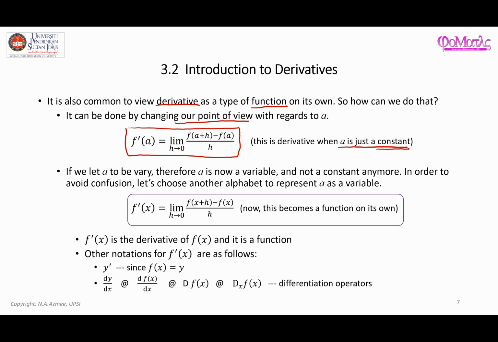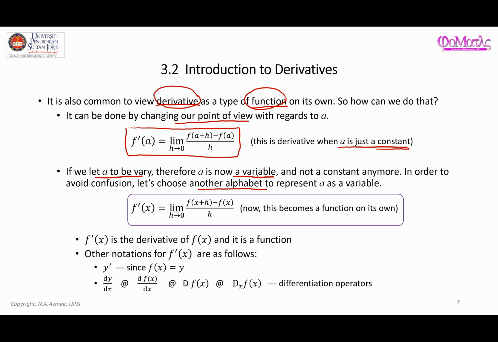Now in order to view the derivative as a function, we need to make sure a becomes a variable. So a has to be a variable and not a constant. a has to vary instead of being a constant. And because of that, if you want to represent a as a variable, you need to choose another alphabet because we don't want to have confusion over it.